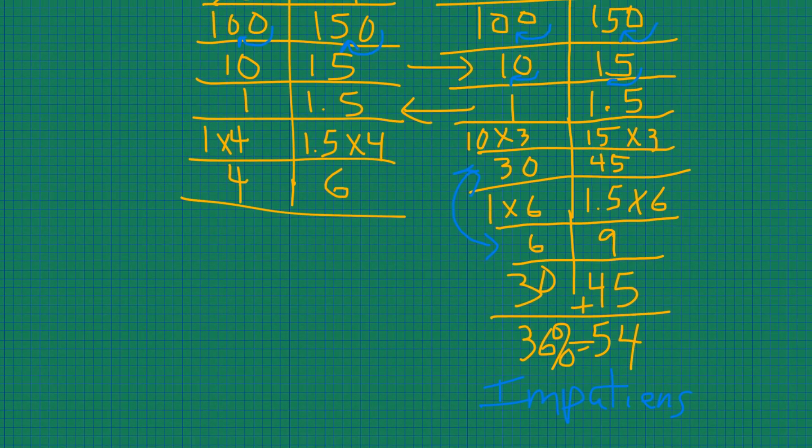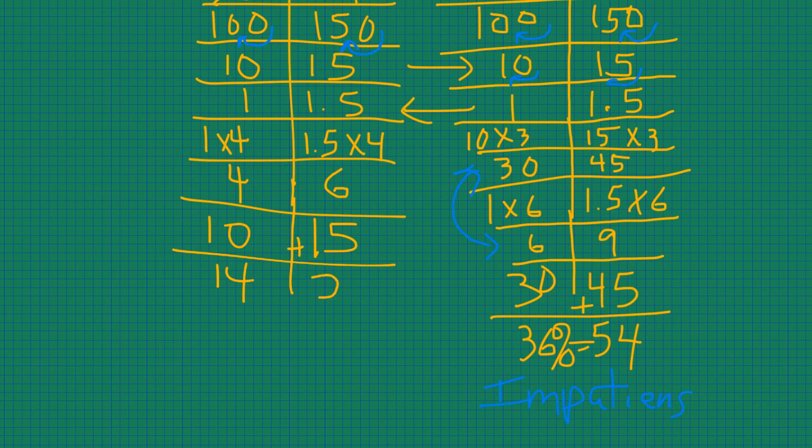Now I'm going to take my 10%, which equals 15, and I'm going to add them, just like I did the other one. The 4% and 10% equals 14%, and the 6 and 15 flowers equals 21.